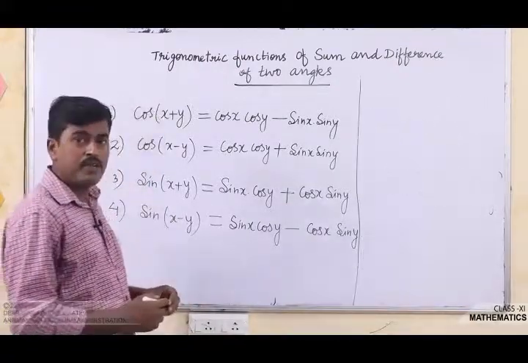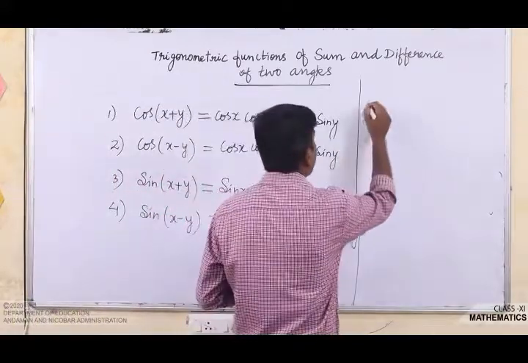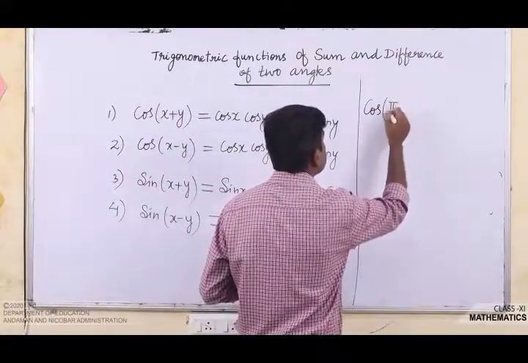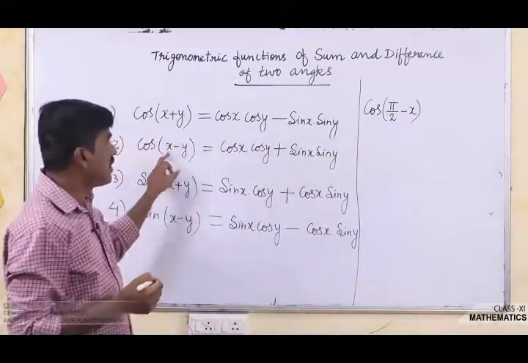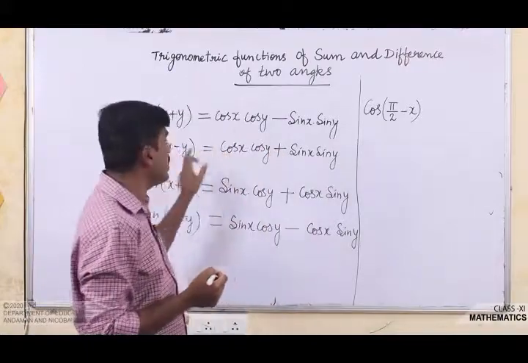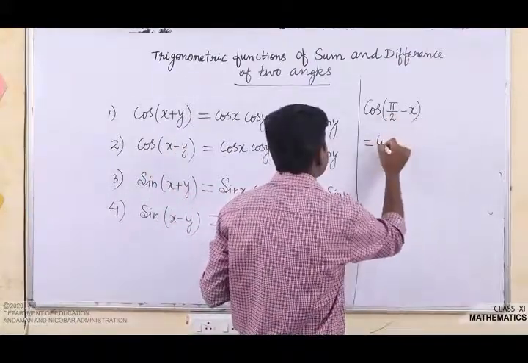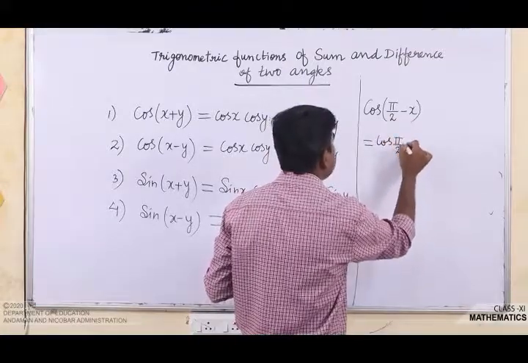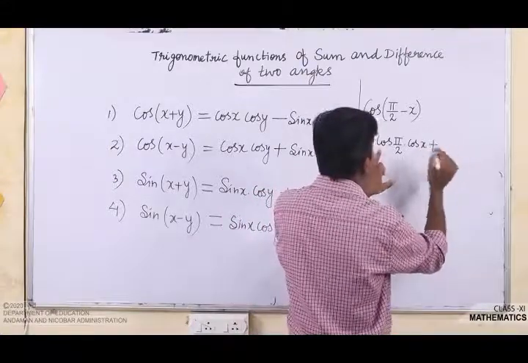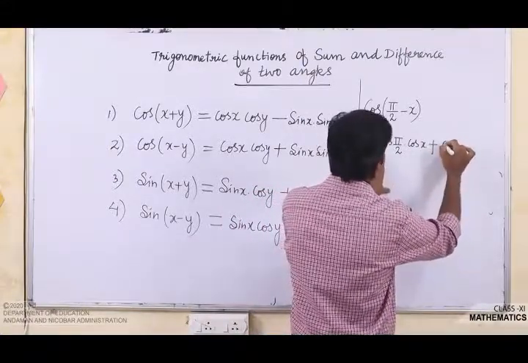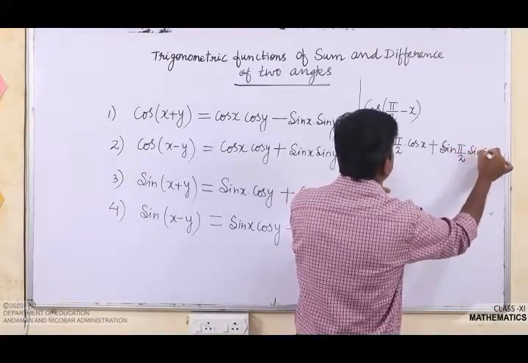Using the formula of cos of x minus y, we can also find the value of cos of pi by 2 minus x. In the place of x, pi by 2 is there, and in the place of y, x is there. So, we write cos of pi by 2 minus x is equal to cos pi by 2 into cos x plus sin pi by 2 sin x.